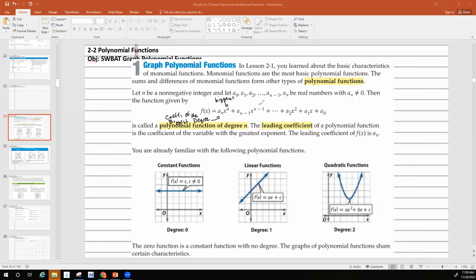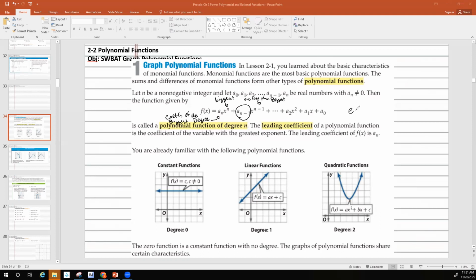All right, and this is one less than the biggest. Same thing, this is the coefficient of that one.